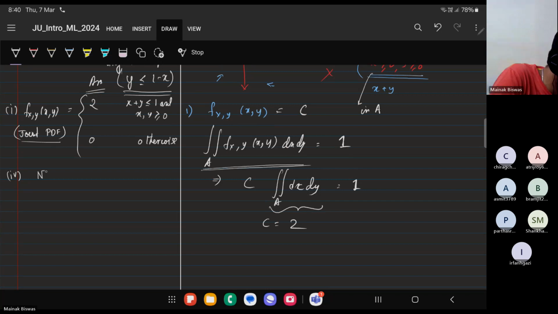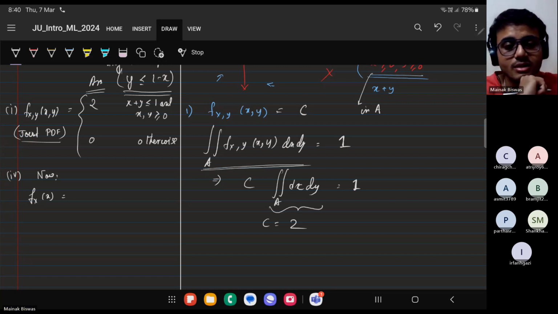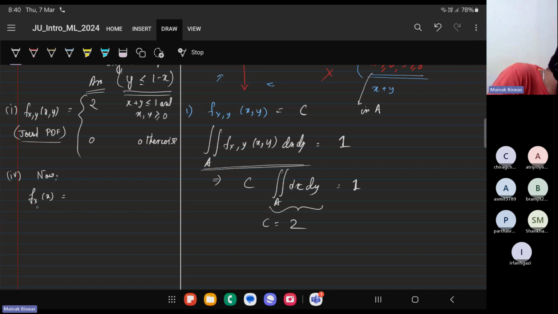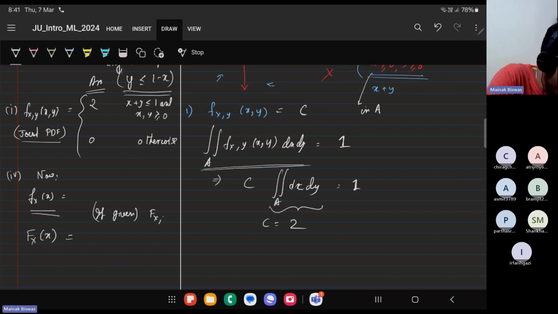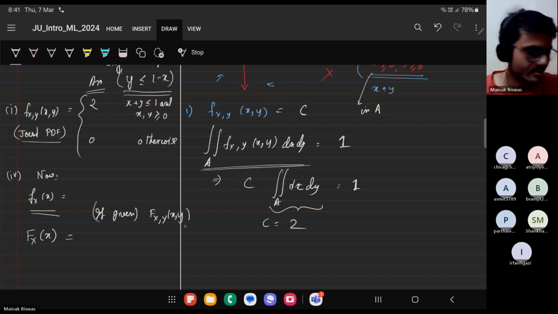So now, what would be the distribution of x? How do I find that? Before I go and find this, let me just show you why it is going to be that. Can anyone tell me what f of x would be if I am given f_XY(x,y) and y?